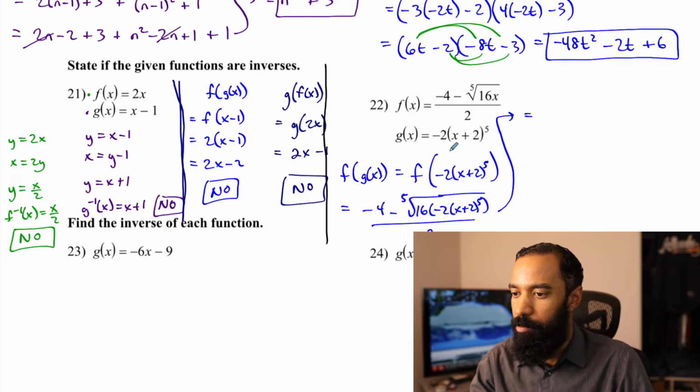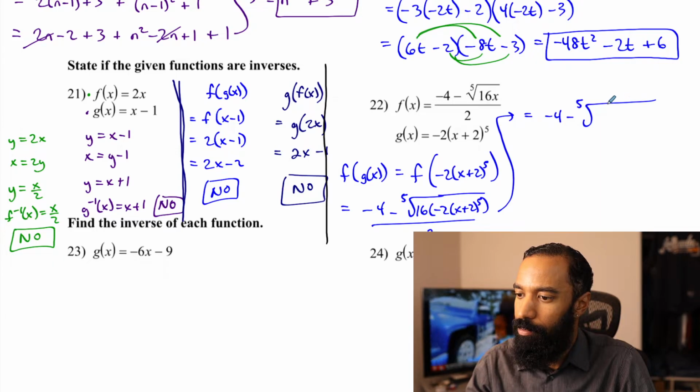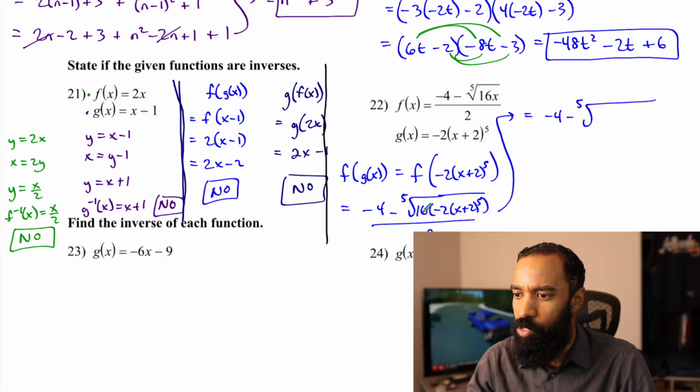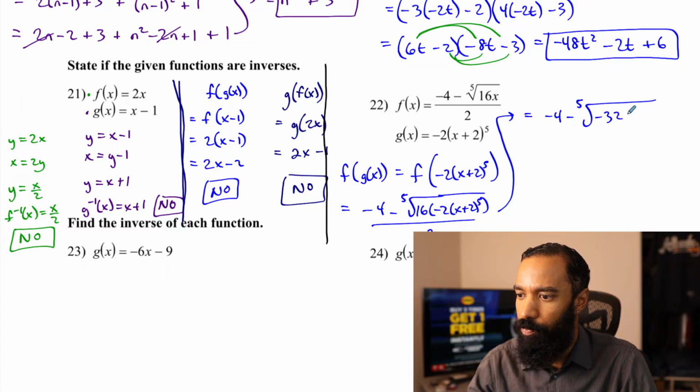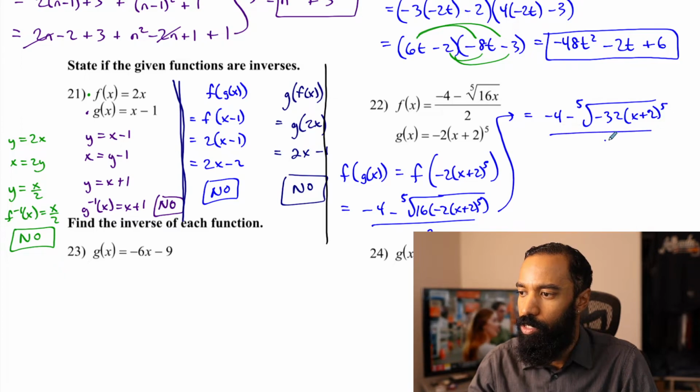Okay, that becomes negative 4 minus the fifth root of 16 times negative 2, which is negative 32. And then I have x plus 2 to the fifth power there, all over 2.